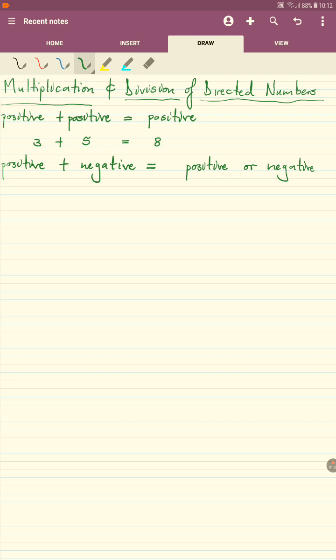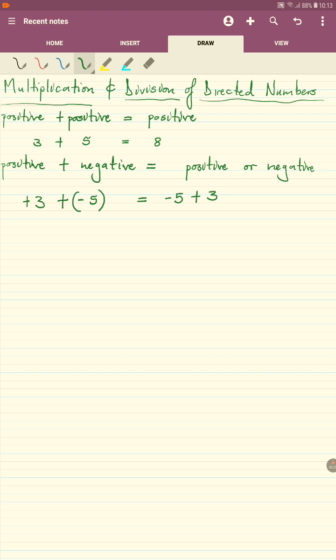So I'm just going to put an example. Let's say I add 3 to minus 5. In other words, we can start by writing minus 5, and then we add 3, because we said each and every number that does not have a sign before it is positive.